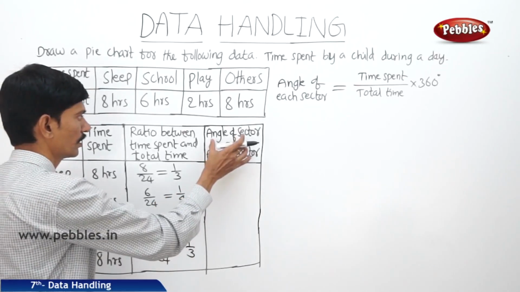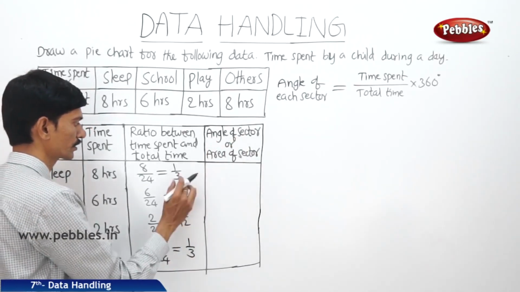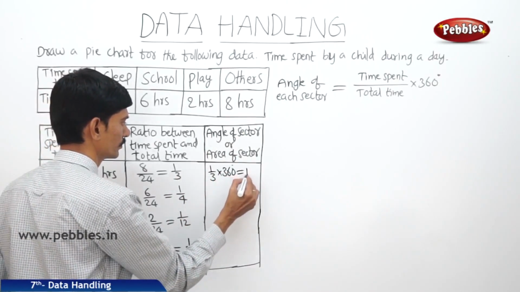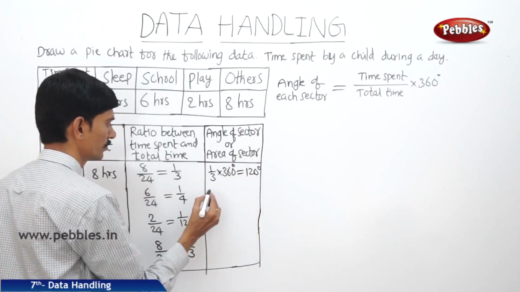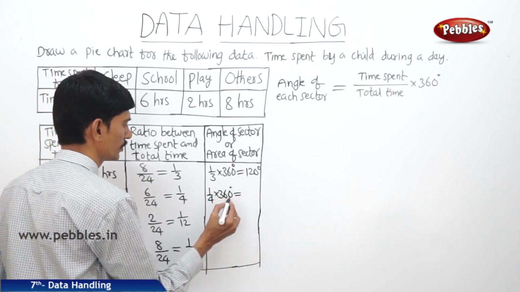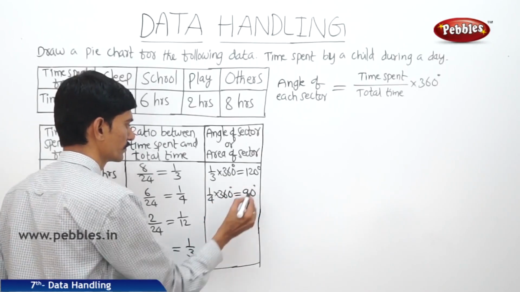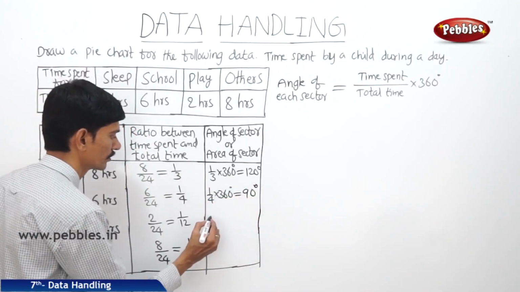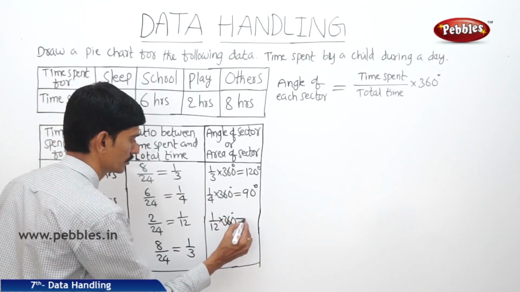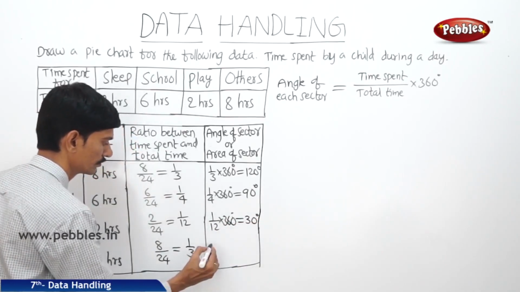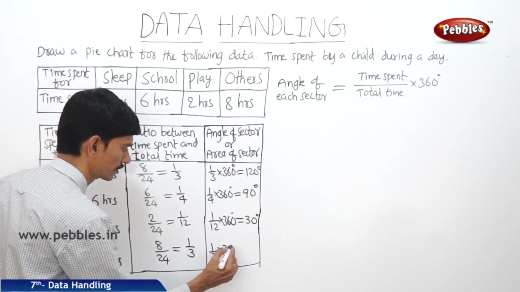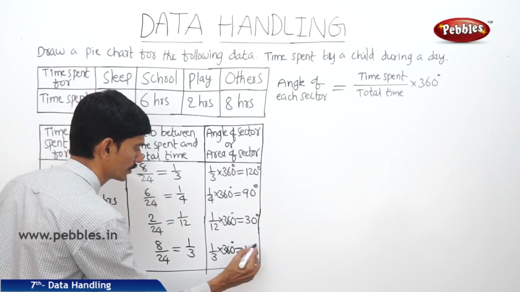Now the angle of each sector: 1/3 into 360 degrees equals 120 degrees, then 1/4 into 360 degrees equals 90 degrees, then 1/12 into 360 equals 30 degrees, and 1/3 into 360 degrees equals 120 degrees.